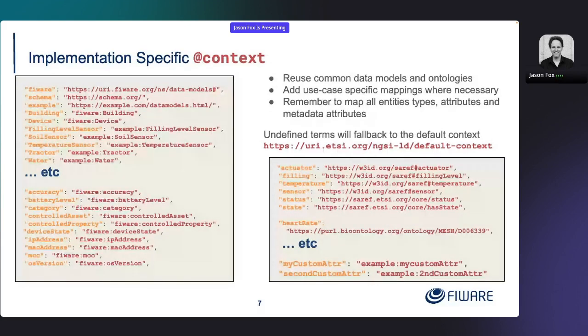Obviously, different systems could offer different contexts, because if I'm just putting stuff up as devices, and I'm not dealing with buildings, I don't need building defined in this file.